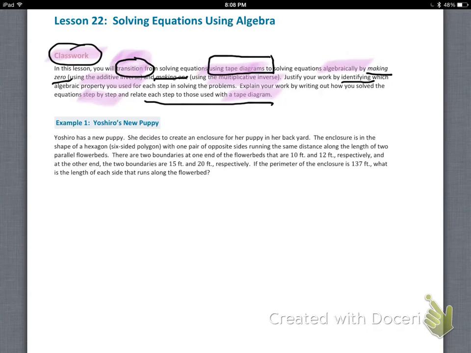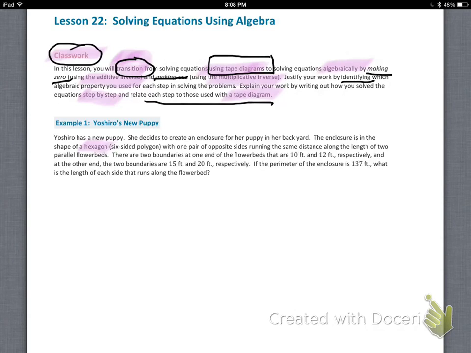The enclosure is in the shape of a hexagon, a six-sided polygon, with one pair of opposite sides running the same distance along the length of two parallel flower beds.